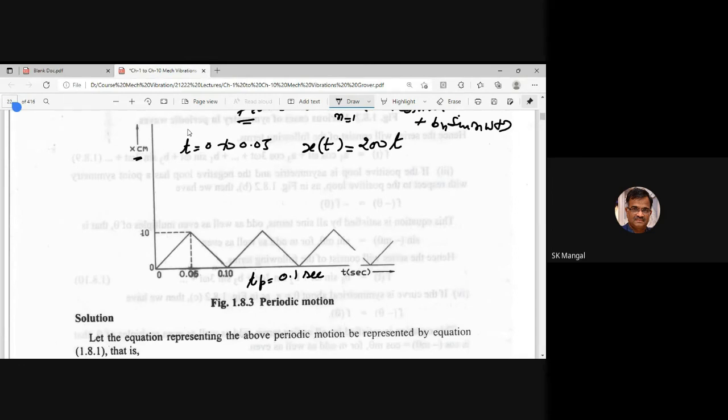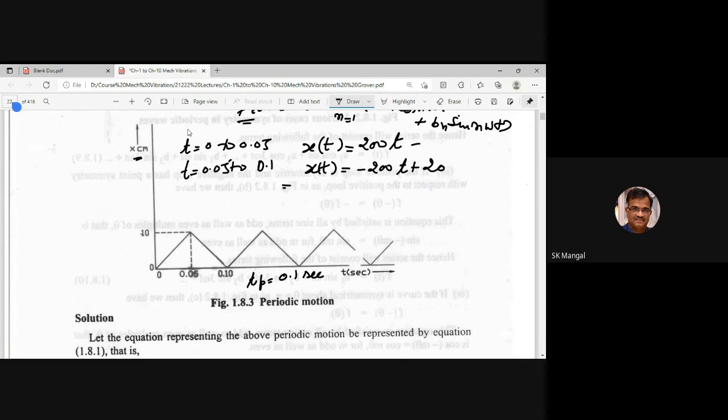You can have a coordinate for this point in terms of x, y, and then you can write this equation. You are having 0, 0 here, and for t equal to 0.05 to 0.1, x(t) is equal to minus 200t plus 20. Okay, so you are having these two equations here.